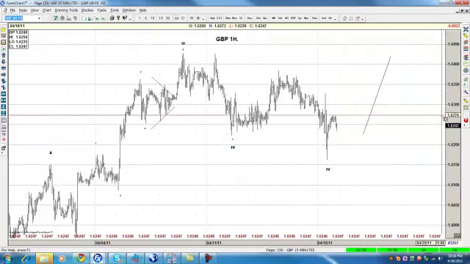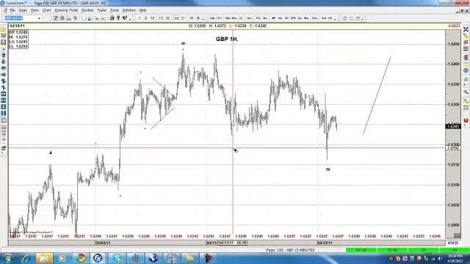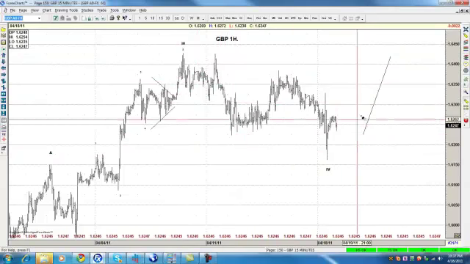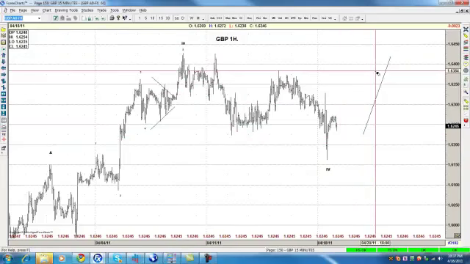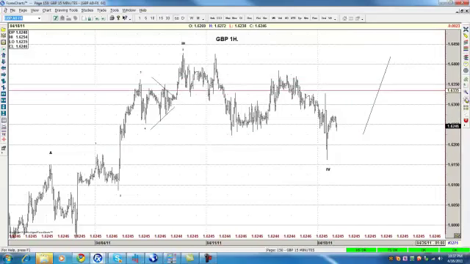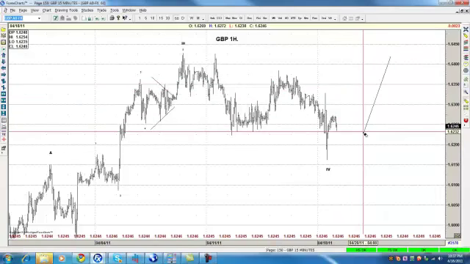That's one of the scenarios. The other scenario that we can see in the pound is 1 2 3 4 and a 5. Anyway, we believe that the pound is going to trade higher to at least a minimum of 63.50 before the market decides which way the pound is going to go. So be aware about that possibility in the pound.